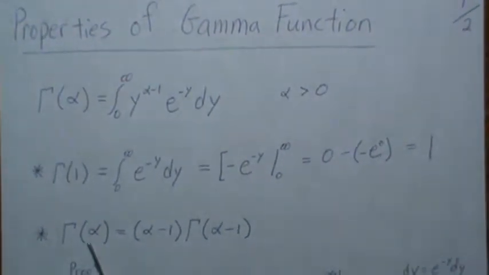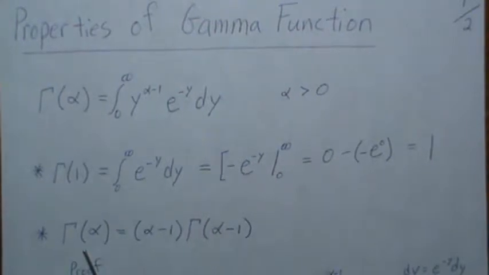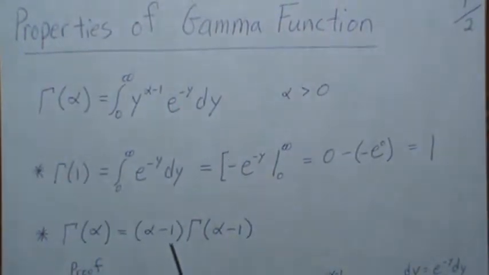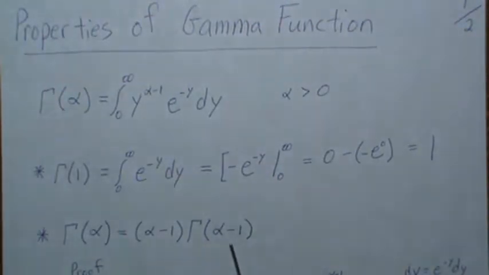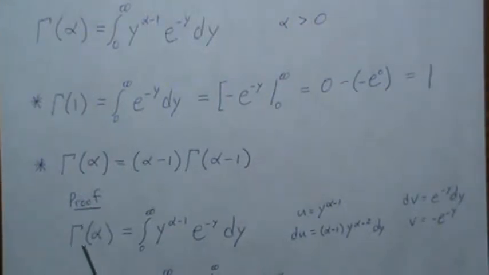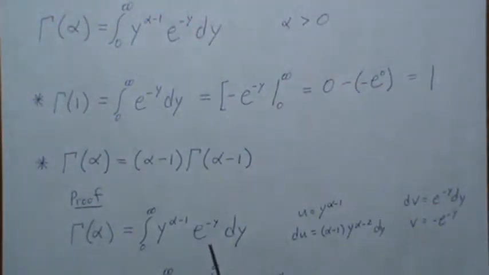Now, the second property is that gamma of alpha is alpha minus 1 times gamma of alpha minus 1. Quick little proof is this. We have gamma of alpha, and then we do a u dv substitution, where u is y to the alpha minus 1, dv is e to the minus y dy.